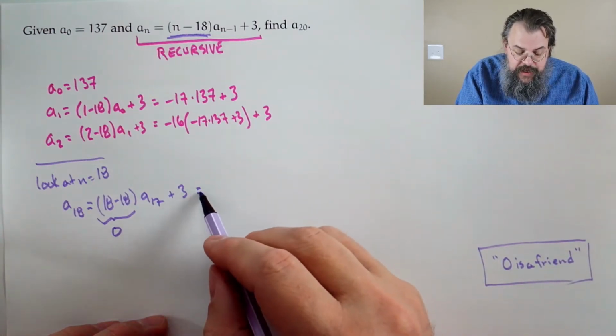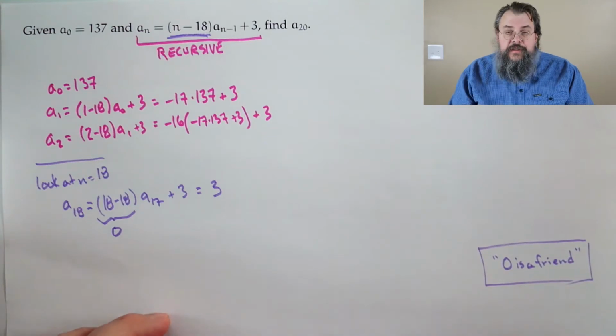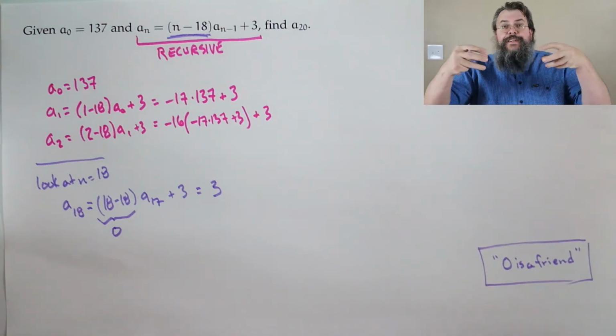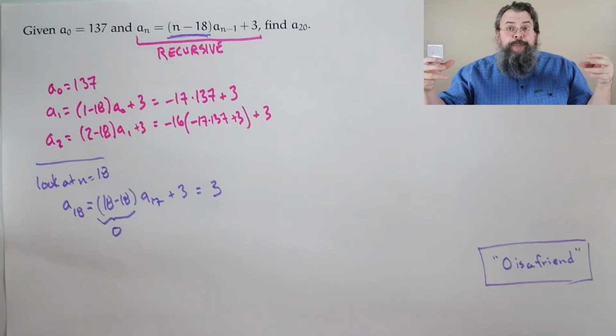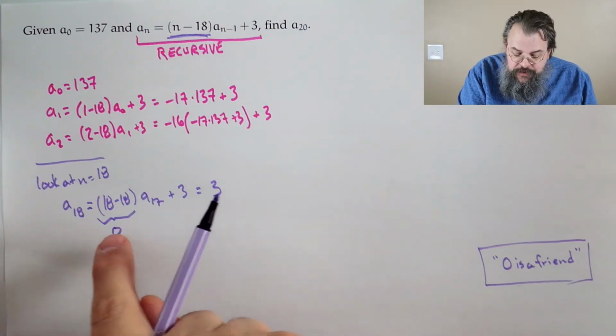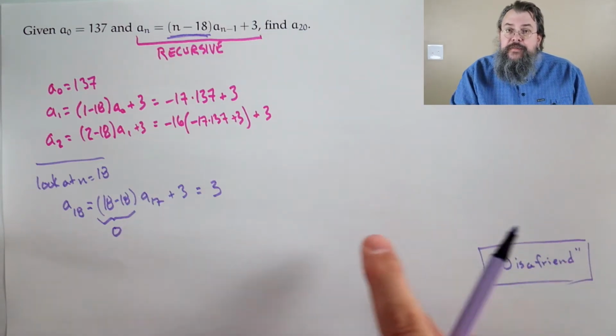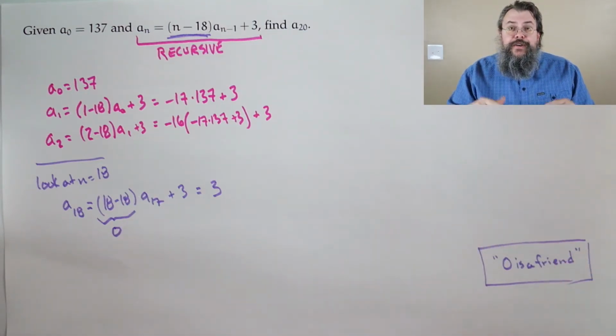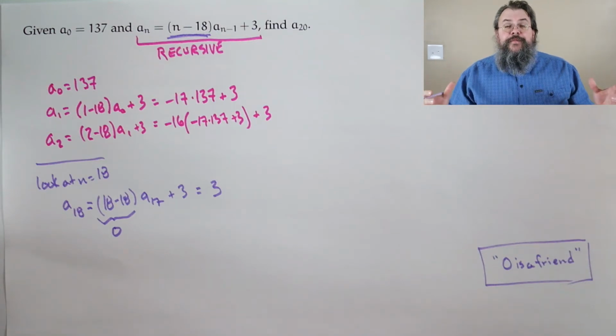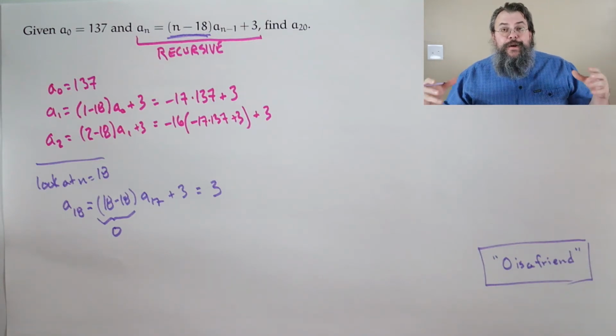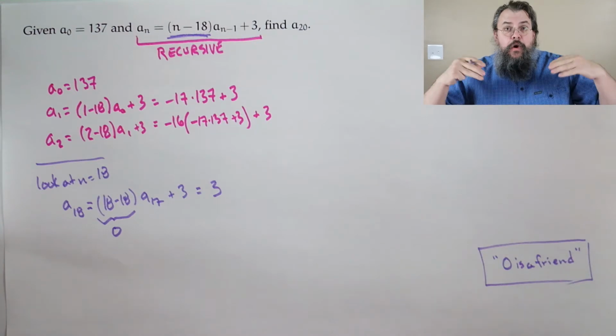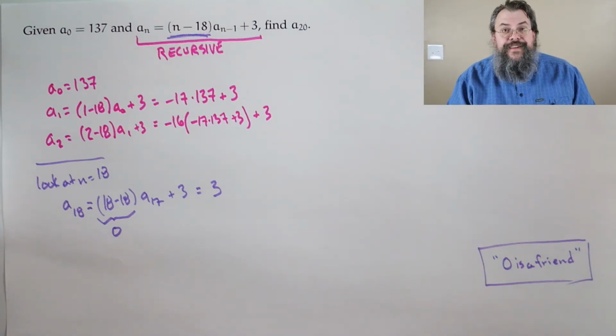So this becomes 3. So A17 is undoubtedly a really horrendously big number. It would probably, if we were writing it down, take the length of this page here. Huge, huge number. But when we go to A18, whoosh, it collapses.